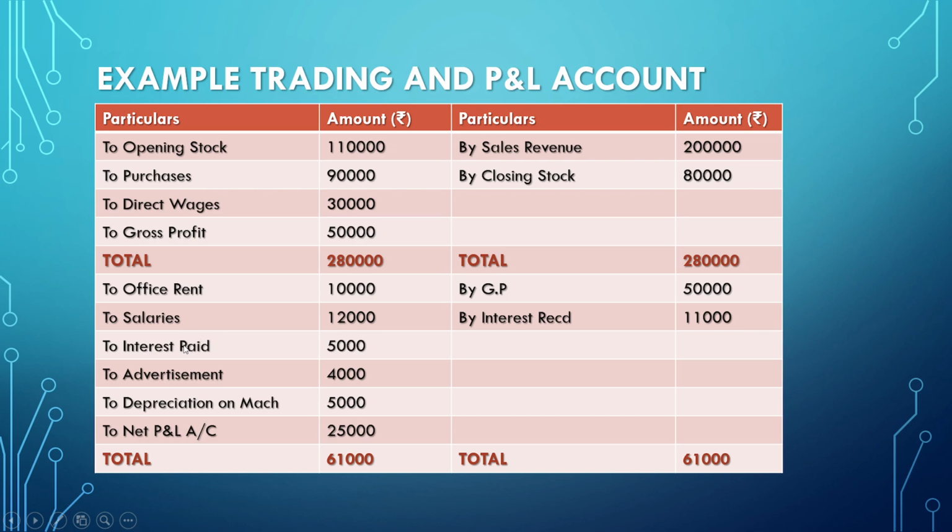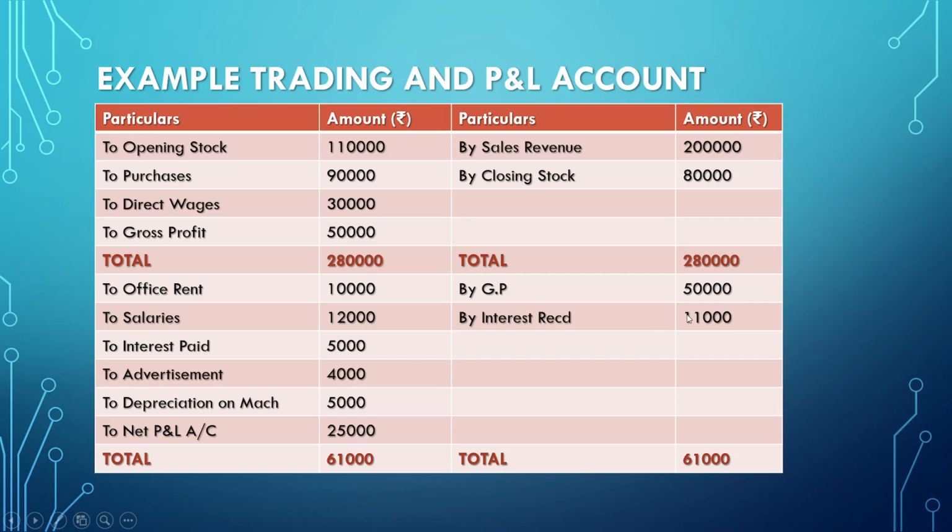It will be given in the trial balance. So office rent, indirect expense; salaries, indirect expense; interest paid, indirect finance expense; advertisement, marketing expense; depreciation on machinery is calculated and then it is also charged in the P&L account.